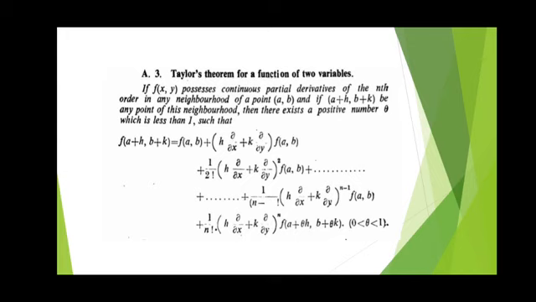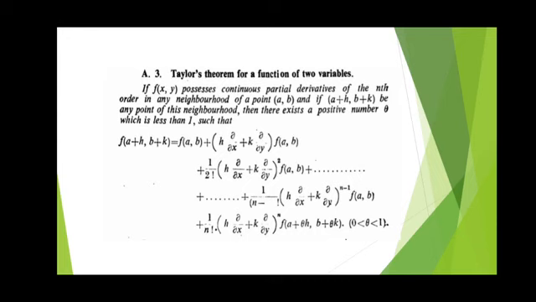So h is equal to x minus a and k is equal to y minus b. Why? Because here we take a neighborhood of the point x comma y, that is a comma b, so h is the distance between x and a, that is x minus a, and k is equal to y minus b.